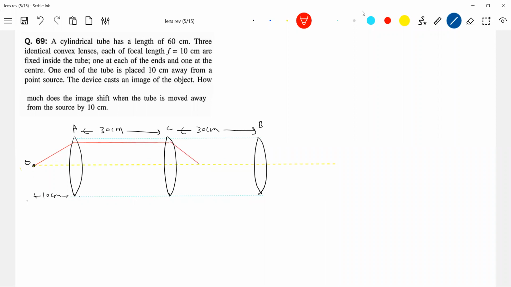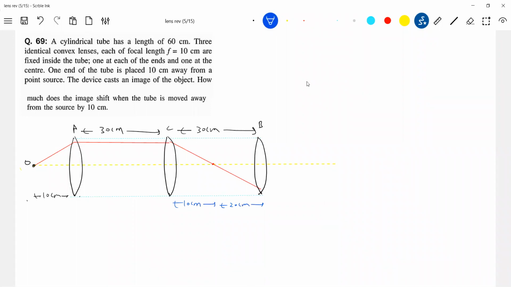It will be here. Then the rays. Okay, then I'll make it here. This will be 10 centimeter. The remaining will be 20 centimeter.